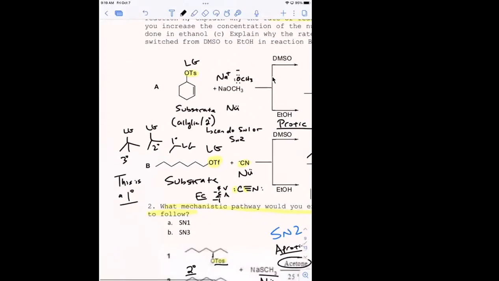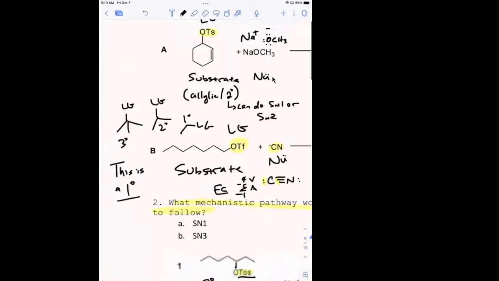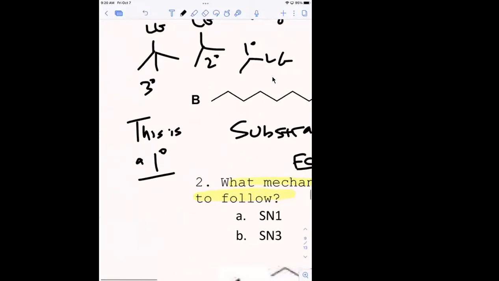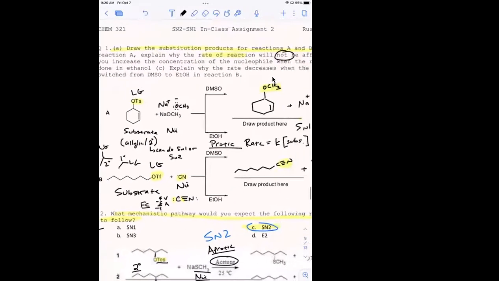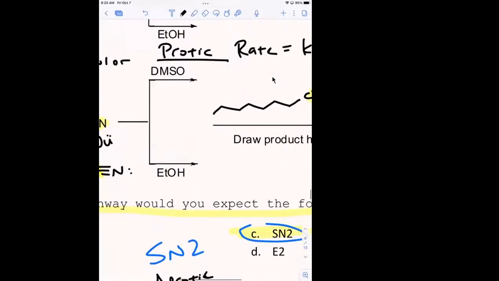Right, so it's a primary substrate, and that means that this can only do SN2. So what's the rate law for SN2?